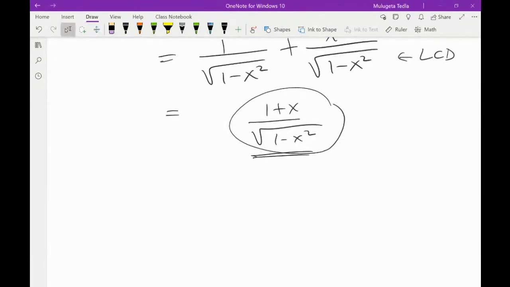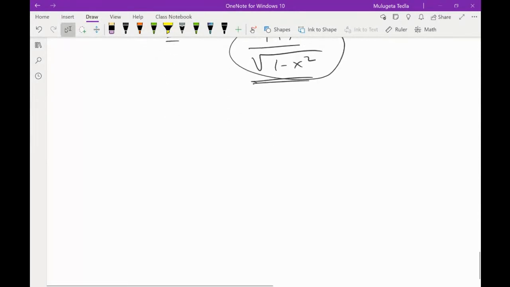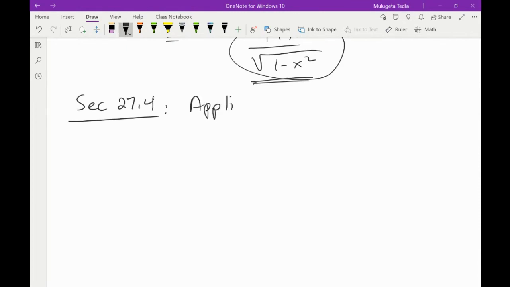So I want to do some applications from the textbook. This is section 27.4, and they say applications.